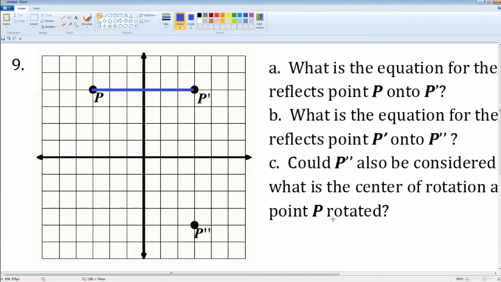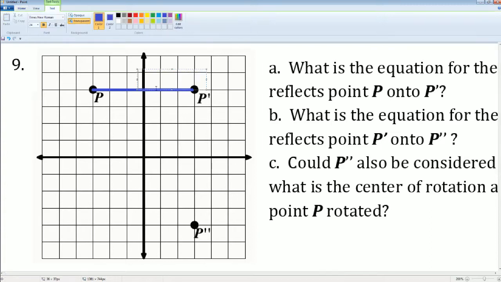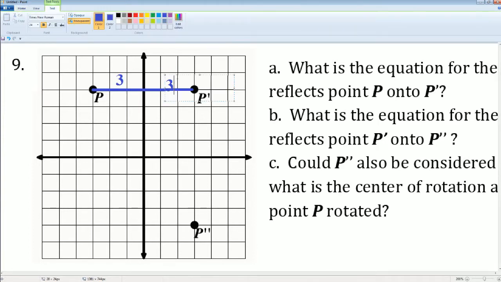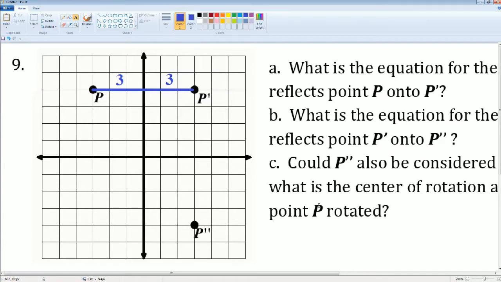There's a total of 6. The whole thing was 6, but if we break it up into 2 pieces, you have a 3 and you have a 3, and what goes down the middle is the line of reflection.